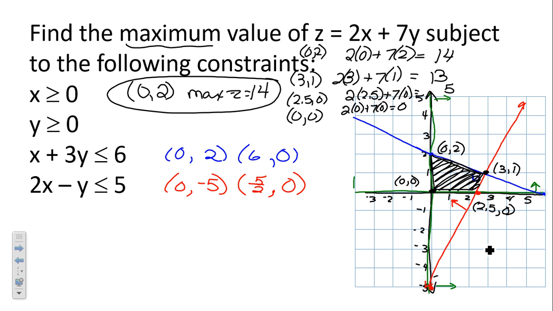The question is, can we just pick the highest point? We can most likely, yes, discredit 0, 0. Not going to happen, right? But it depends on what's happening here. Because the 7 was being multiplied by the y, which had more power than the 2 being multiplied by the x, right? So that's the reason that one was bigger.